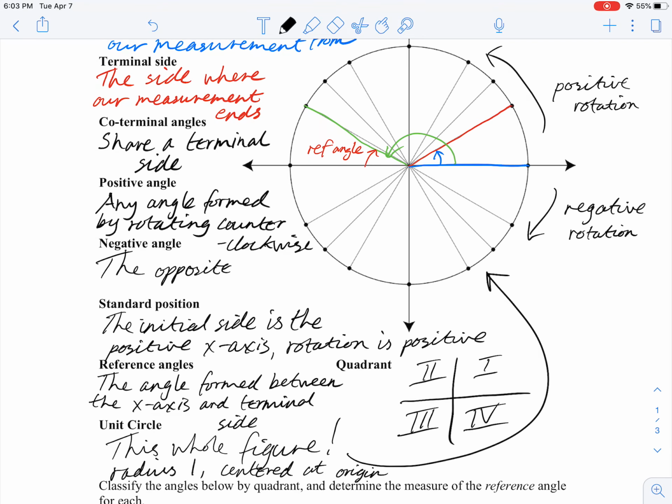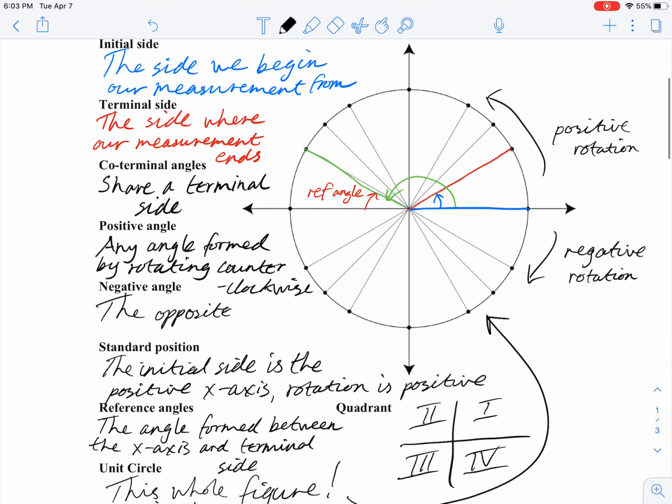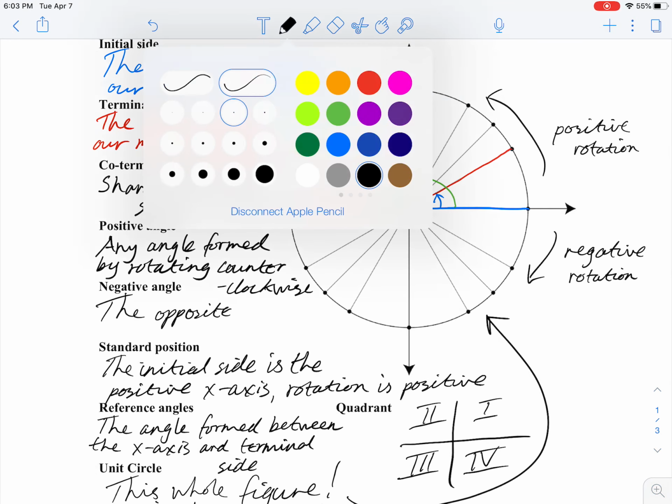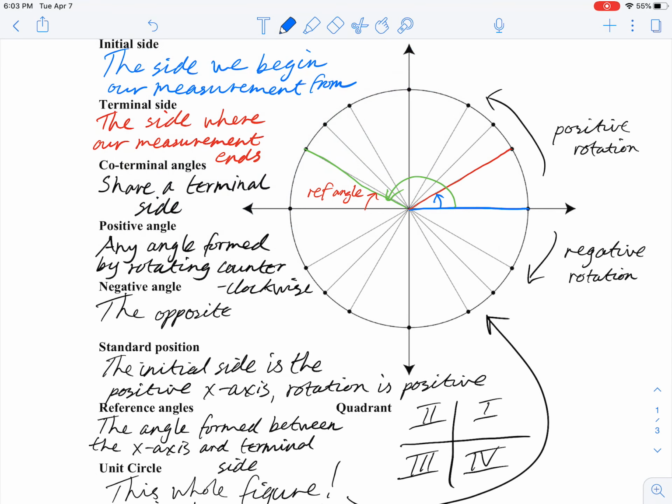For example, this angle is 45 degrees. This angle is 90 degrees. This angle is 135 degrees, and so forth.